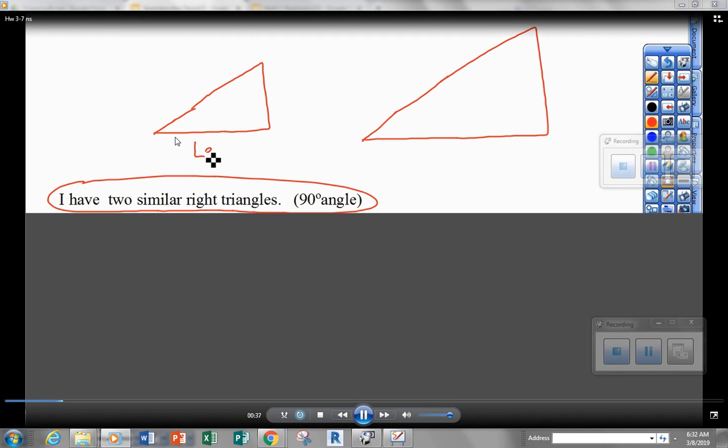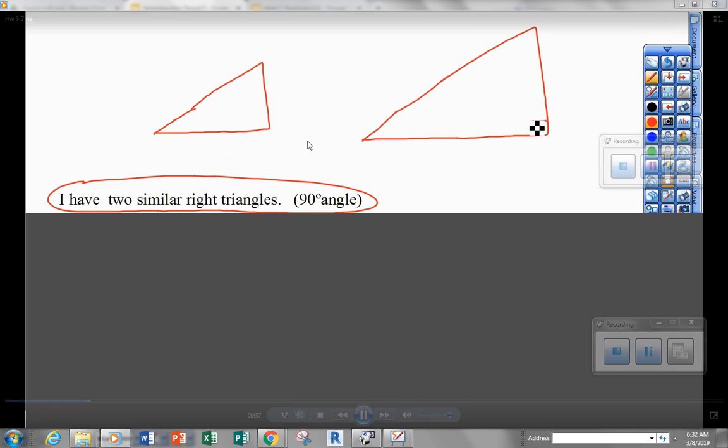Right triangles have angles, little angles, medium angles, and then right angles. But again, right triangles, similar, same proportions. The length, the height, the right angle in this corner, the way you see them. 2 similar right triangles with the same proportions.